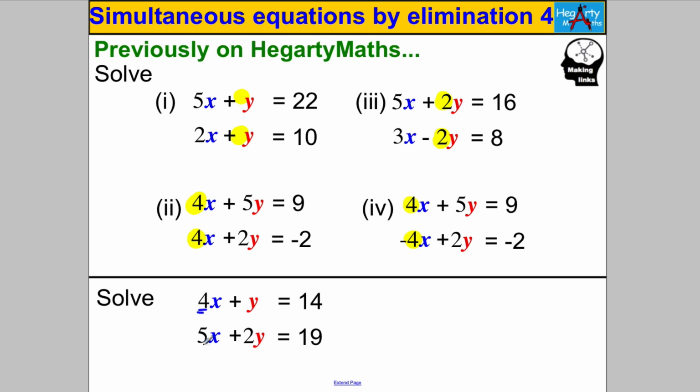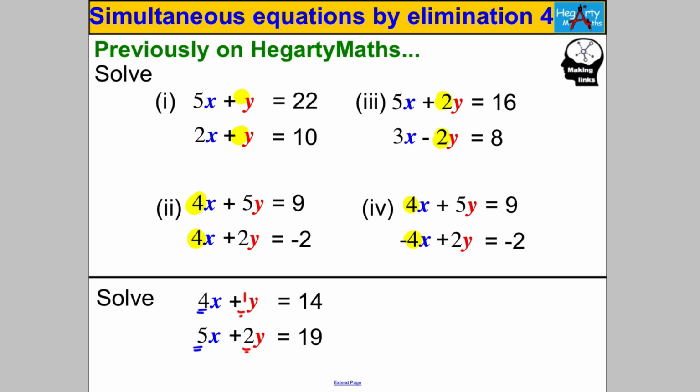The x here has a 4 and a 5, and the y has a 1 and a 2. So they don't currently have the same number of x's or y's, the same coefficient. So as they stand, we couldn't add the equations or subtract them to eliminate the x or the y. Maybe we would have to do something first. And that's exactly what the type of questions are going to be like in this particular skill.